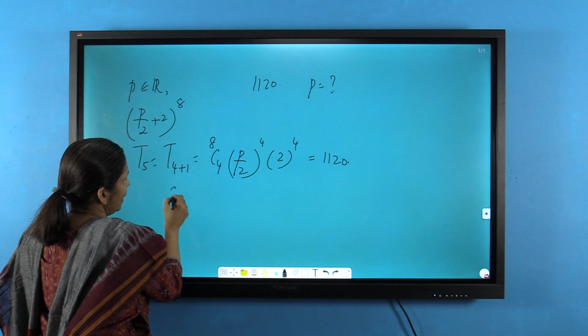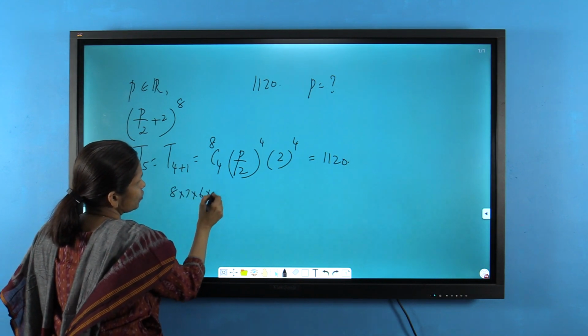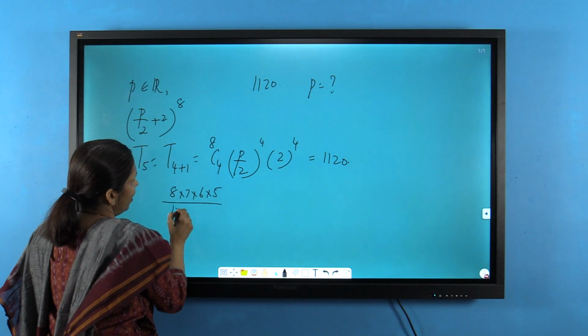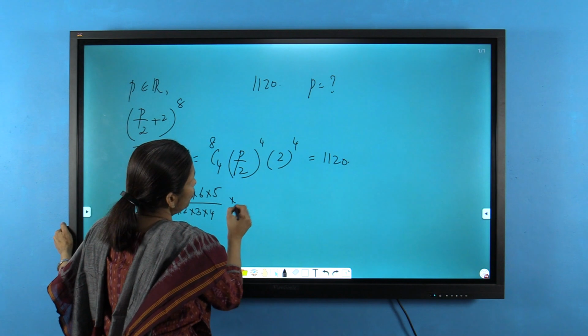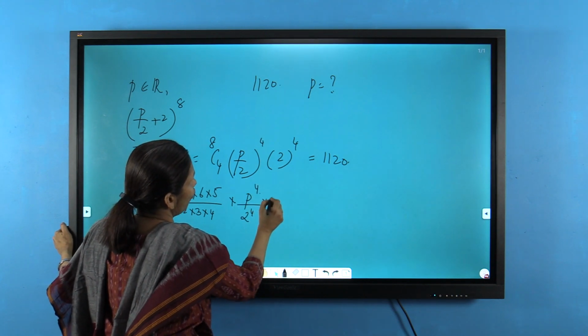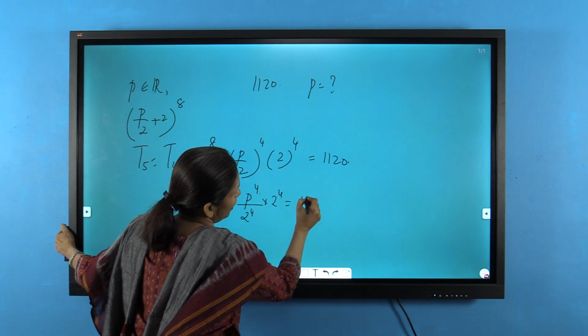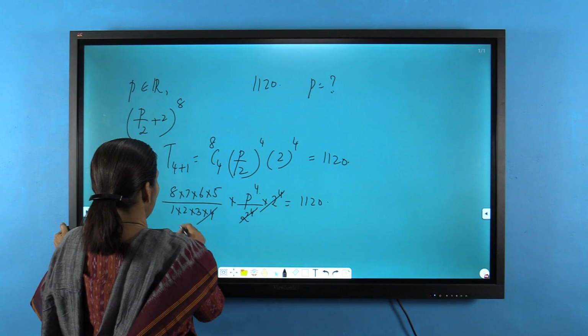So, this is 8 into 7 into 6 into 5 divided by 1 into 2 into 3 into 4 into p raised to 4 divided by 2 raised to 4 into 2 raised to 4 is 1120.